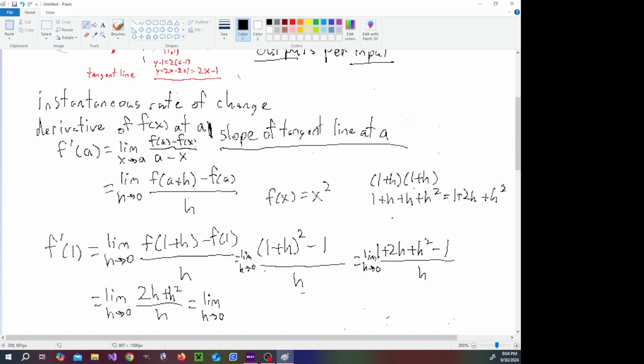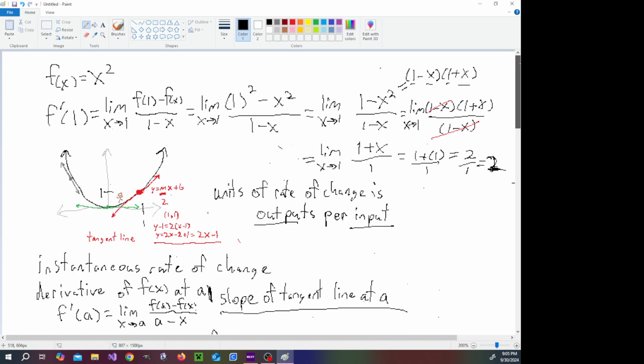Limit as h goes to 0. I have an h with the 2. 2h divided by h is just 2. h squared divided by h is h. Now the limit as h goes to 0 of 2 plus h, I get to just plug this in now. So this is 2 plus 0. Well, that's just 2. So it turns out the derivative at 1 is 2, which is exactly what we got before.